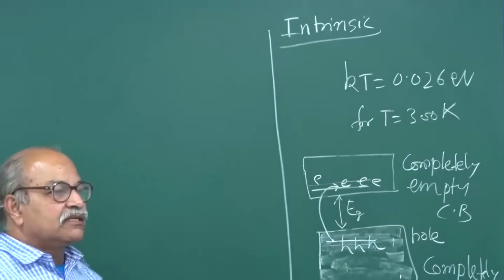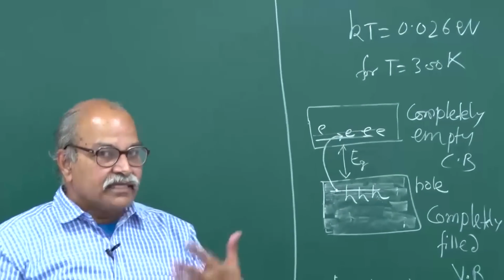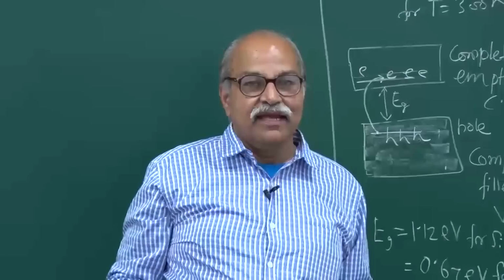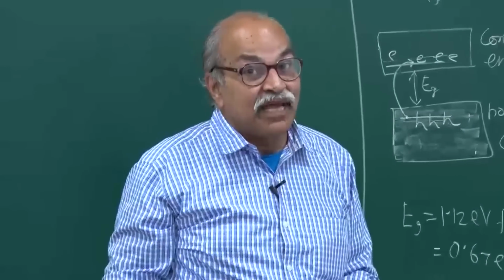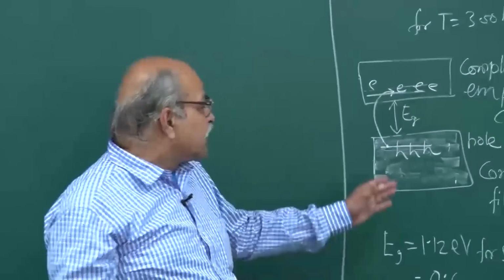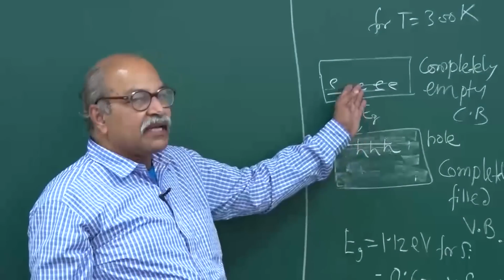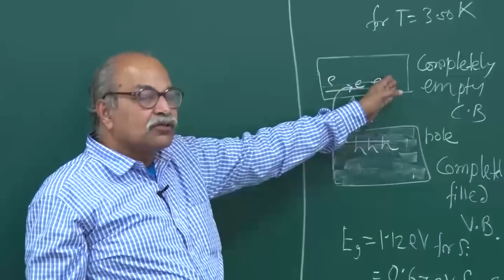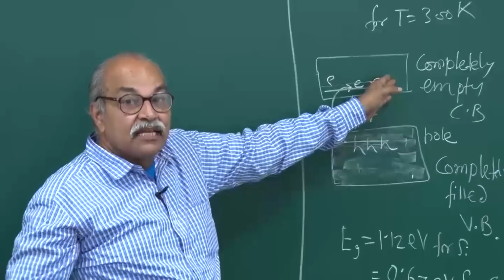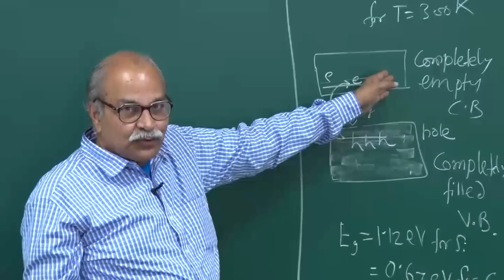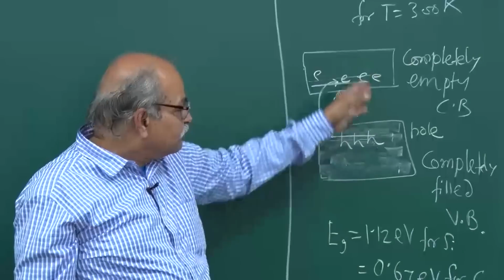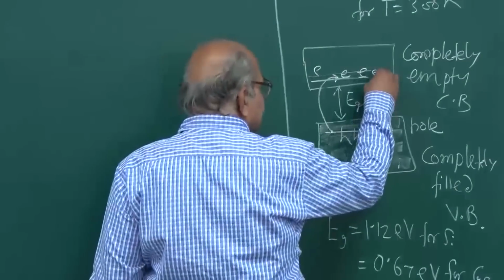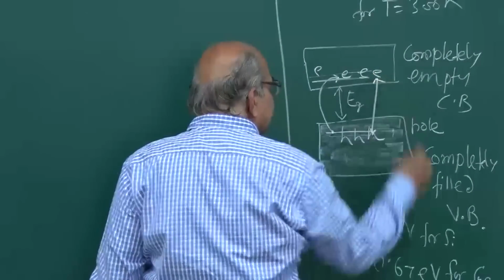So, intrinsic semiconductor means the semiconductor has its own band structure, and any electron which is there in the conduction band has come from the valence band. Not only can electrons come from the valence band and go to the conduction band, the reverse is also possible. The electrons which are already here, through thermal interactions, can give energy, reduce their own energy, and then fall into this empty quantum state, and in that case you will have electron hole recombination.